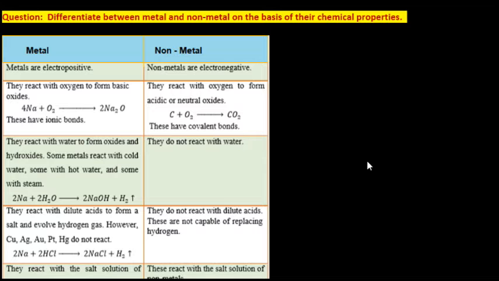C plus O2 gives CO2. These have covalent bonds. Next, metals react with water to form oxides and hydroxides. Some metals react with cold water, some with hot water, and some with steam. For example, 2Na plus 2H2O gives 2NaOH plus H2.